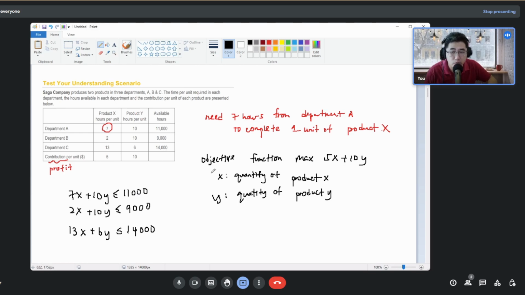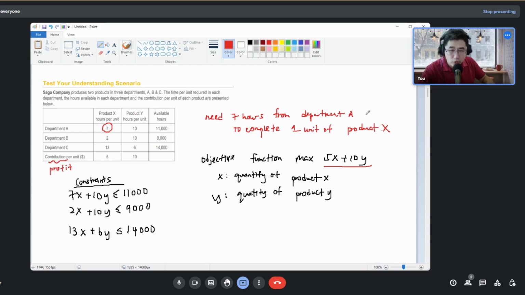So therefore we write it this way. That will be your constraint. So we have our objective function 5x plus 10y, and we have our constraints.